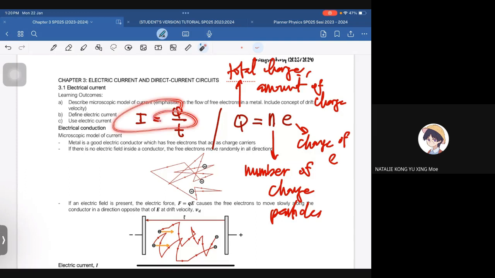So there are only 2 formulas for this subtopic, unless you rearrange, then there are 3. Mainly these two equations you have to use.